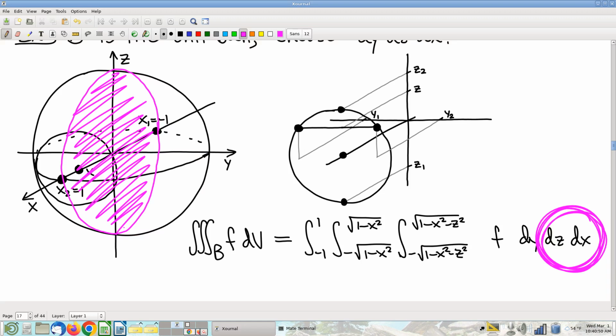Everybody good with that? It's the unit disk, x squared plus z squared equals 1. Pretty easy to deal with from a double integrals point of view. These are the bounds, double integral argument. We're 2/3 of the way done, and we barely got started. It's very handy, right? Much better than trying to draw the slices and see what the slices of the slices look like. Again, harder than it looks.